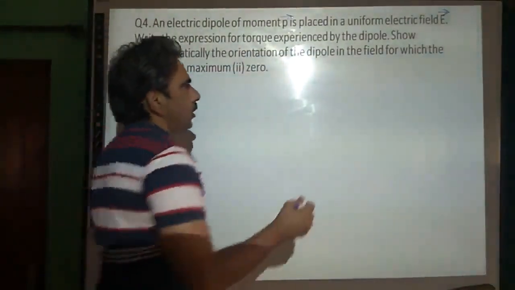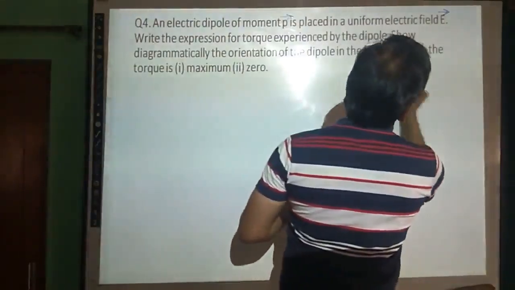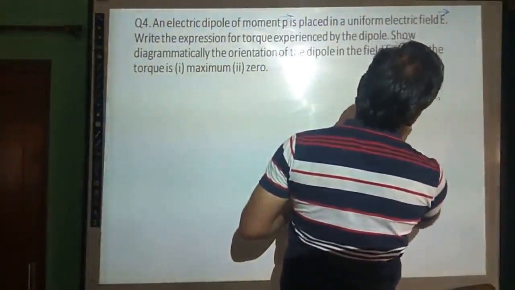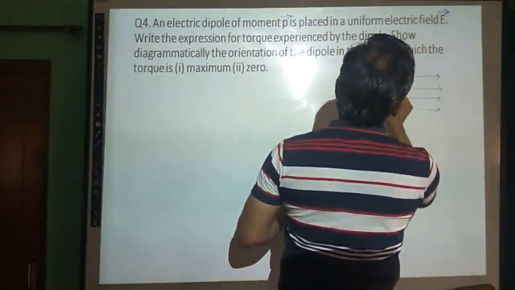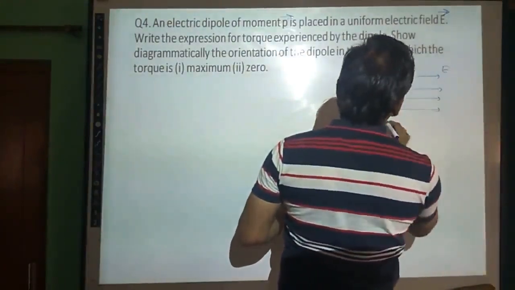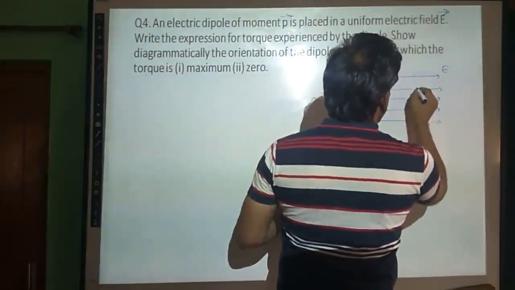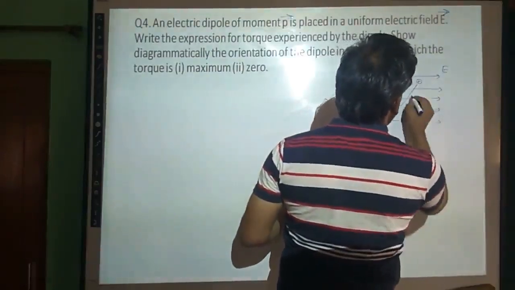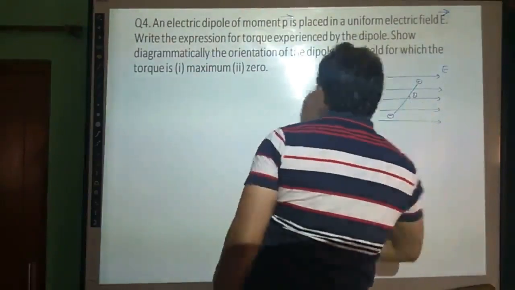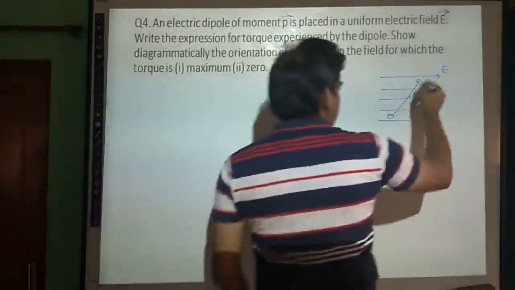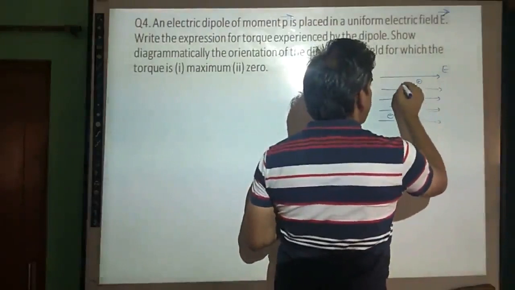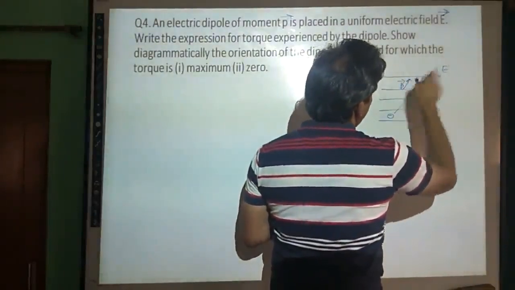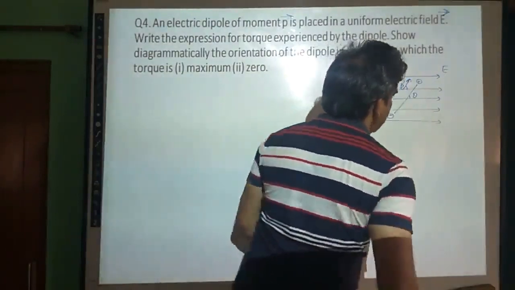Situation is very much as we have discussed last day. It is the diagram of uniform electric field, and here it is the dipole with a negative and a positive charge, making some angle theta with the electric field. So this dipole is having some moment P from negative to positive charge, making an angle theta.